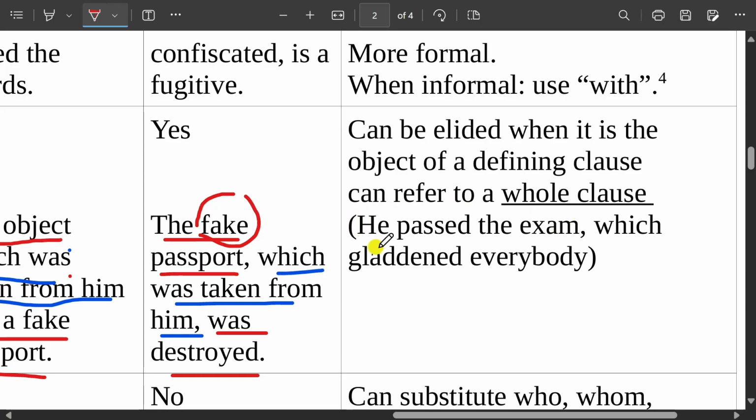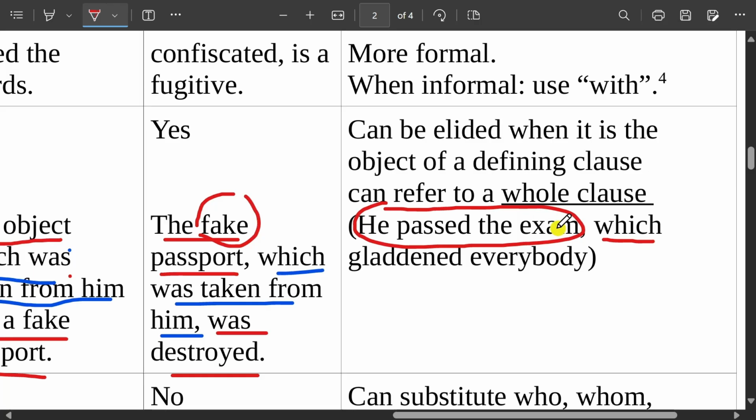It refers to the fact that he passed the exam. It's the whole thing, the whole situation. Do you understand? So this which refers to this whole thing over here, not to the exam.